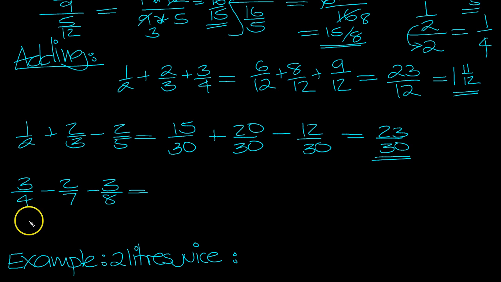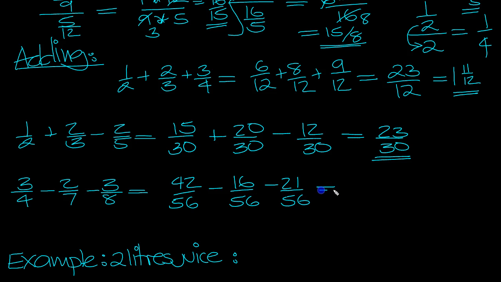So 4 what's a 56? 4 14s? So 3 14s are 42 over 56. That was awkward, that was, because the numbers are awkward. 8 minus 8 2s are 16 over 56. And 7 3s are 21 over 56. 16 and 21 is 37. 42 take 37 is 5 over 56.